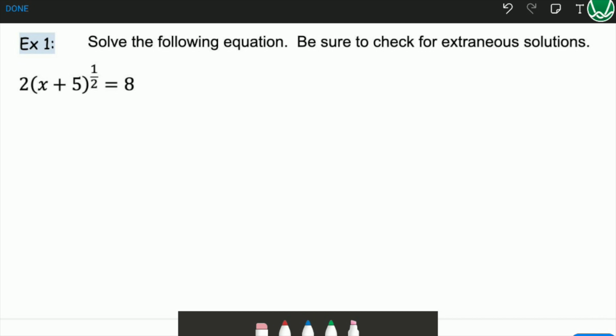Okay, in this example, we're going to be solving this equation. Now, we already did this example earlier. However, we're going to look at it in the other method. So for the other method, we would start off by changing this fractional exponent into its radical form. Remember, a fractional exponent is the exponent over index.